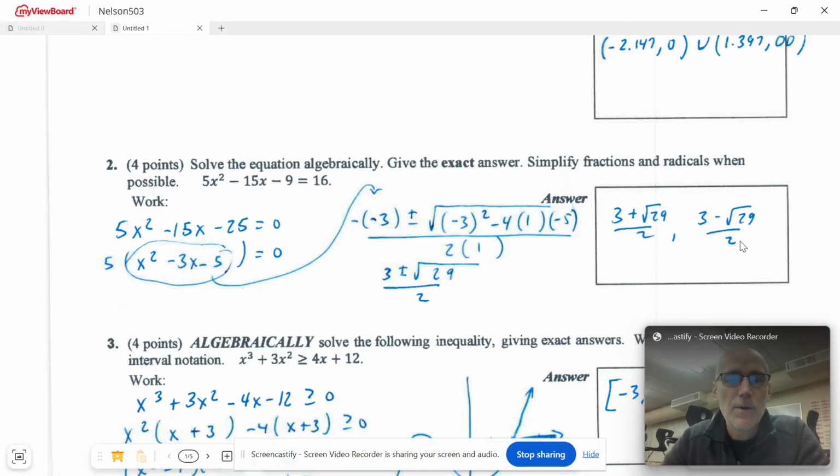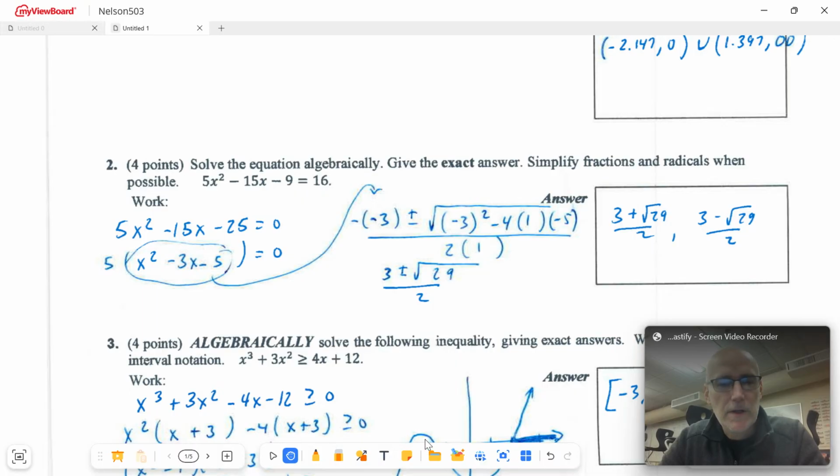Now, does that mean 100% of us are going to get the right work? I hope so. I hope we can do the quadratic formula, and you want it set equal to 0. It's not going to work if you just stick in 5, -15, and -9 into the quadratic formula. It's going to give you the wrong answers, okay? So make sure you're showing a little bit of work there.